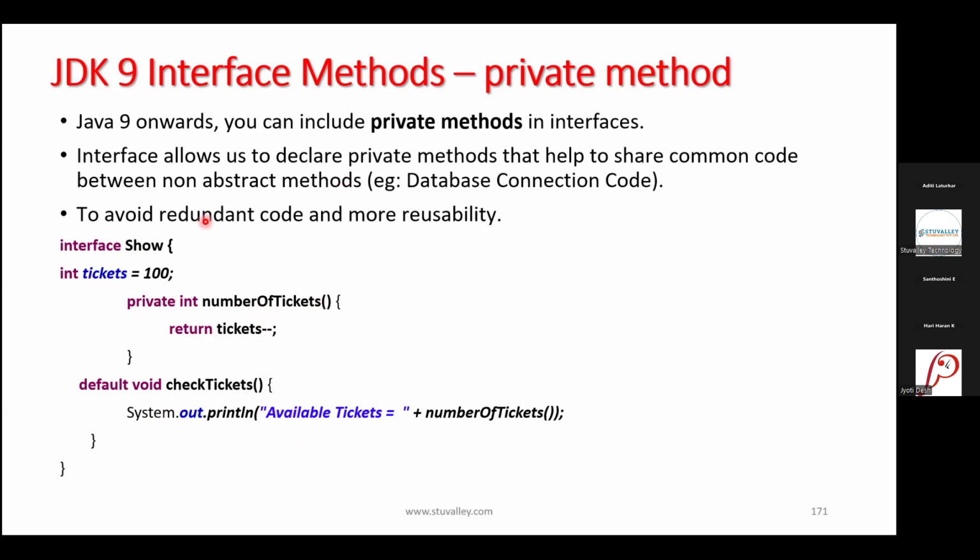Okay? Like suppose you are creating any banking account related functionality, and whatever the account number and details of the accounts which you don't want to show to the outside classes, you don't want to give any access, at that time you can make that method private and you can call that method whenever required, so that you are not showing the implementation directly to the other members or implementation classes.